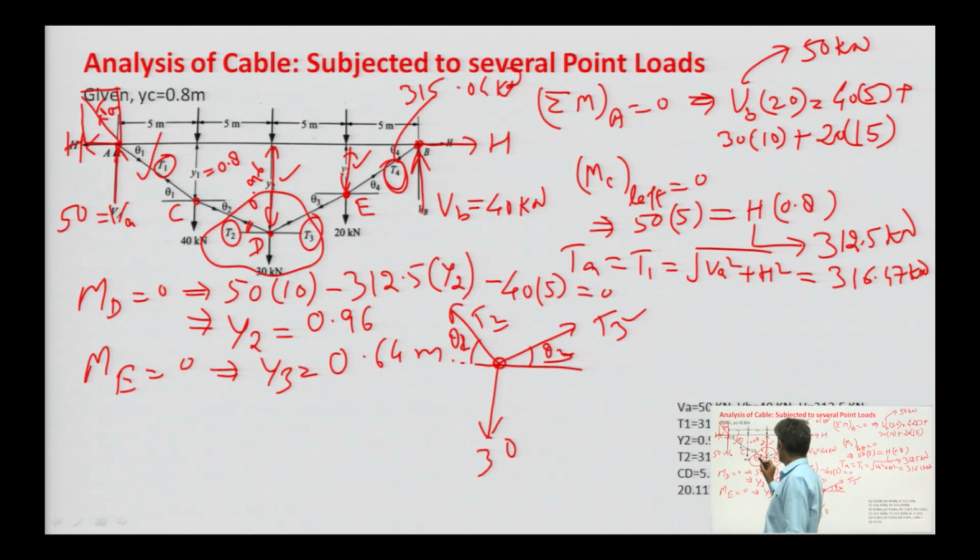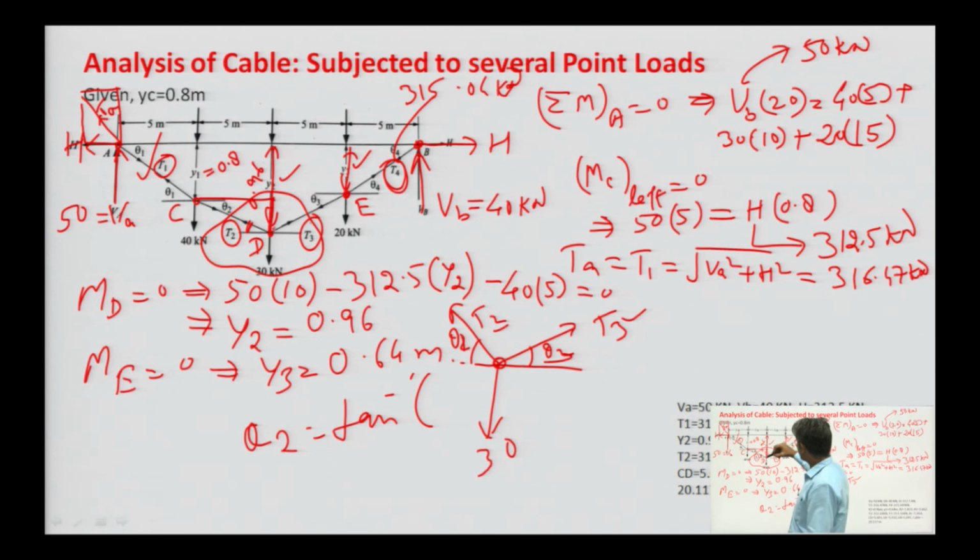The value of theta 2 will be tan inverse of the difference of these two, 0.96 minus 0.8, divided by length 5. So the value of theta 2 is 1.833.